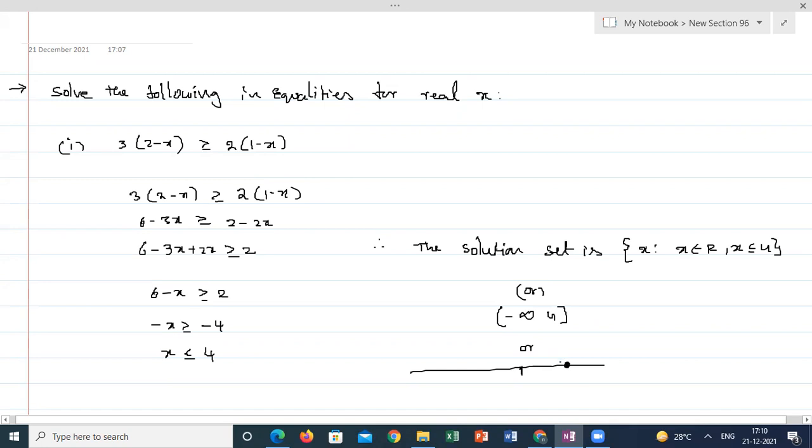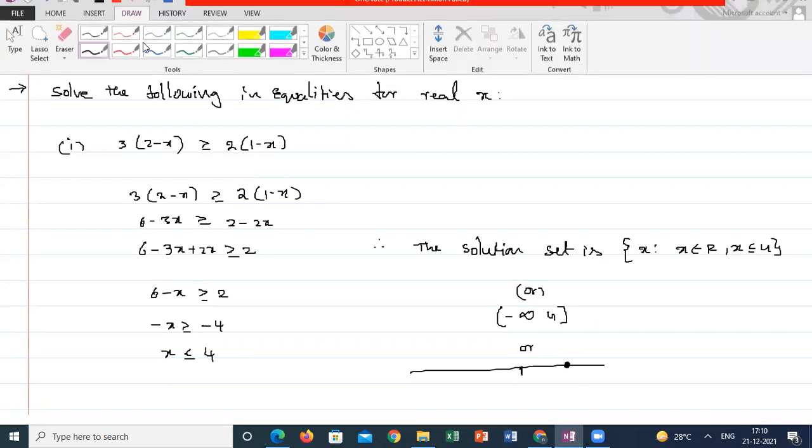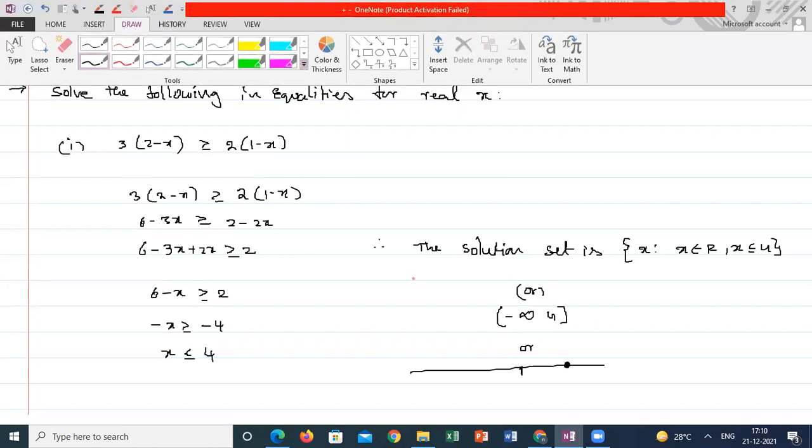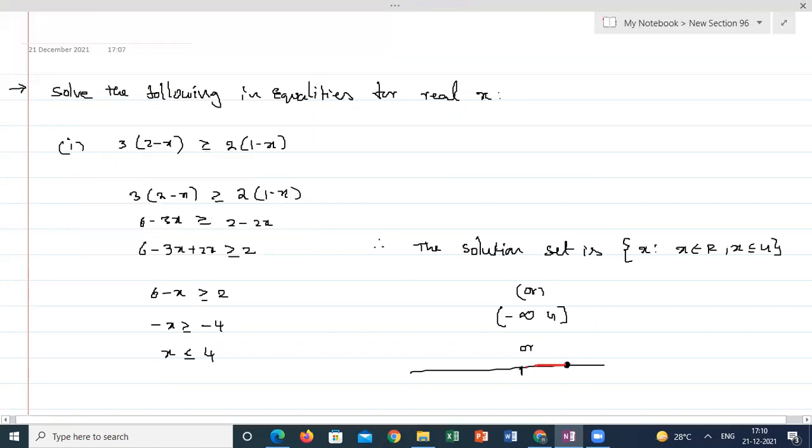From here, how can we draw the line? You can draw a little bit thicker line towards minus infinity because it is a less than symbol. So minus infinity, this is 4. That's it.